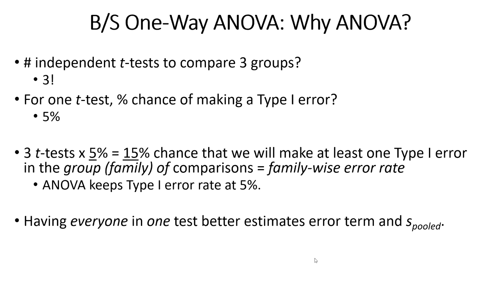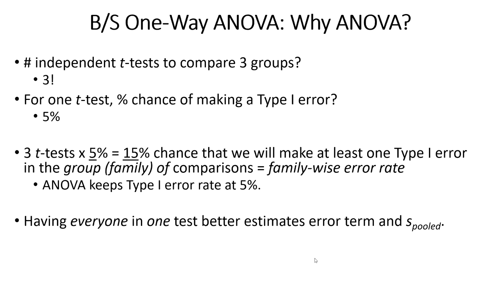And error is, of course, based upon standard deviations. And so as we get more people in our sample, we'll better estimate the standard deviations, better estimate our error term, and S pooled. So we are going to use S pooled to calculate our Cohen's d values for the mean differences with ANOVA.